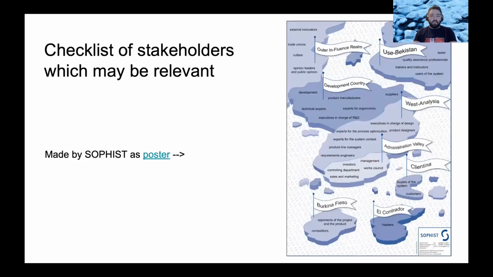The third checklist I suggest is the list of potential stakeholders. Here I have taken a stakeholder map created by the German company Sophist in a rather funny way, but still it is very meaningful. Remember, some people who might be involved in your solution may not even be known to you.